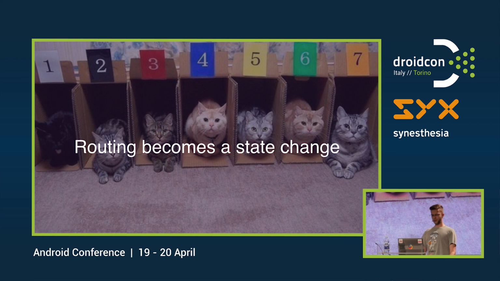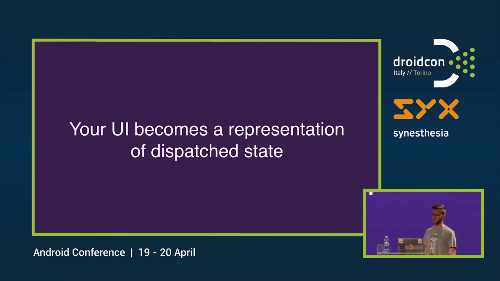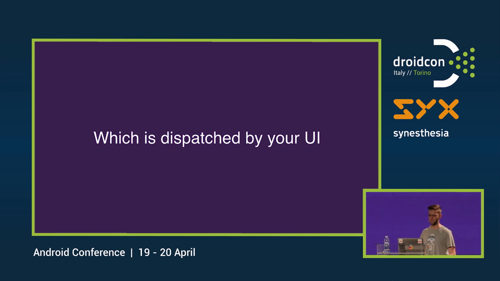And I found those are all the interactions that Android apps have. We either pass data, we pass messages that tells us to toggle things on and off, or we go from screen to screen. By treating every one of those view interactions as a state change, your UI can become a representation of dispatch state, which, plot twist, is dispatched by your UI.